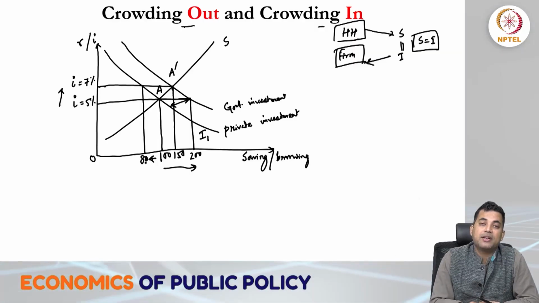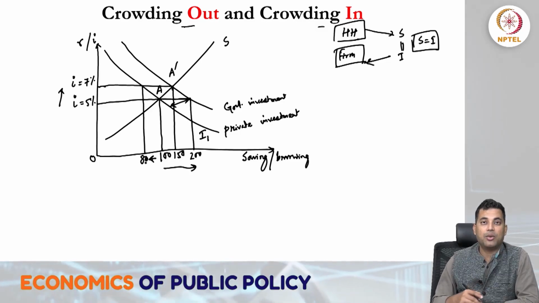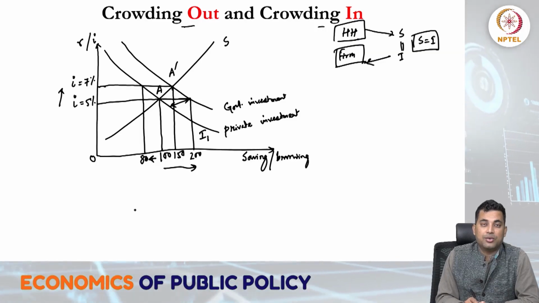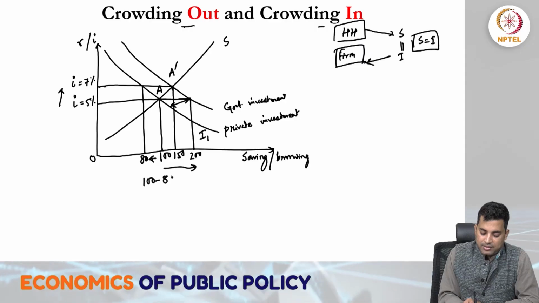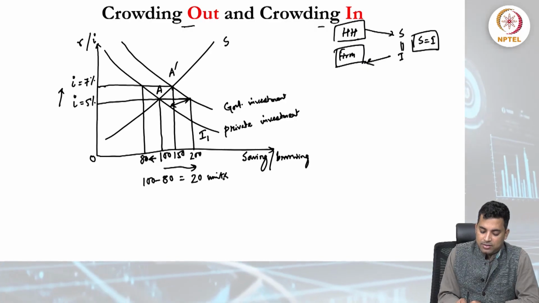Therefore private investors will be crowded out, and through their crowding out from the investment, this reduction in the total savings or borrowing is taking place, 100 minus 80, which is 20 units.